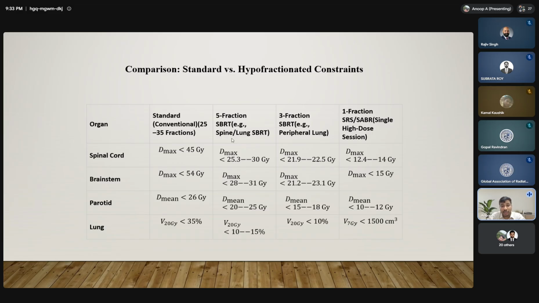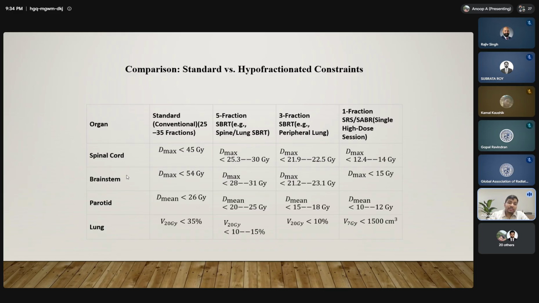In 1 fraction SBRT, it is 12.4 to 14 gray. That is the difference. Brainstem: Dmax below 54 gray in standard conventional 25 to 35 fractions. For 5 fraction SBRT, it is different: 28 to 31 gray Dmax. In 3 fractions it is 21.2 to 23.1 gray, and in a single fraction it is below 15 gray.